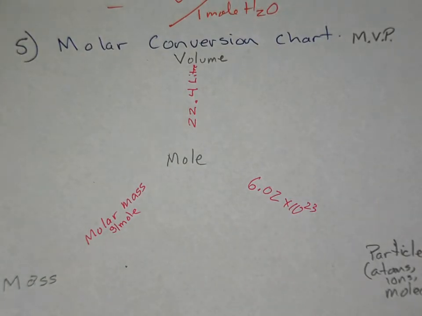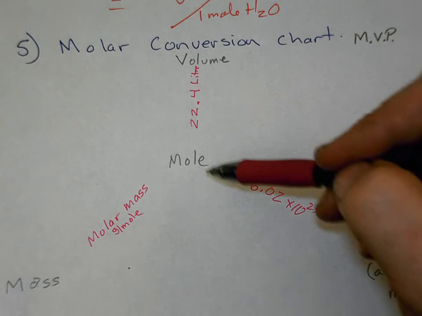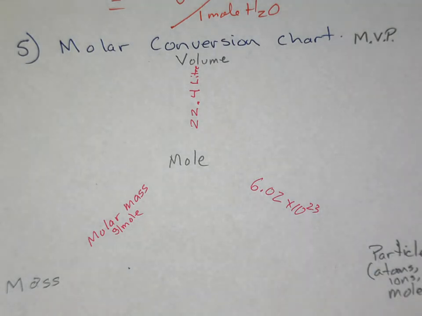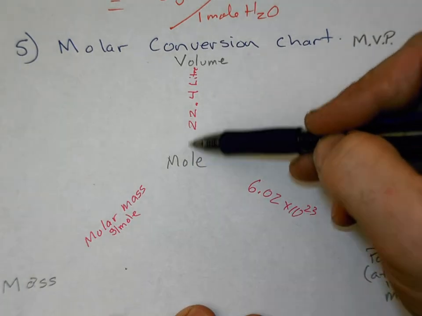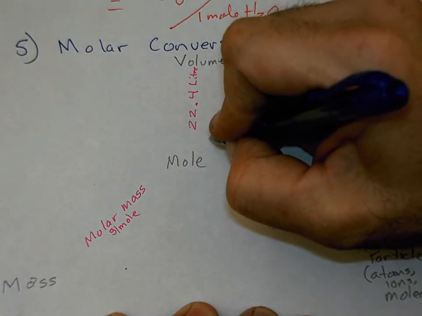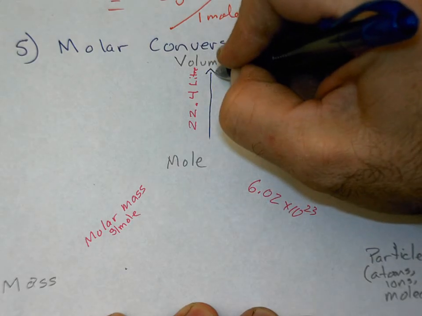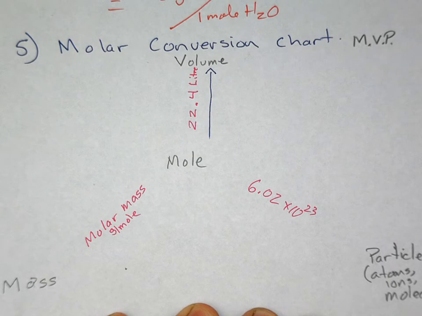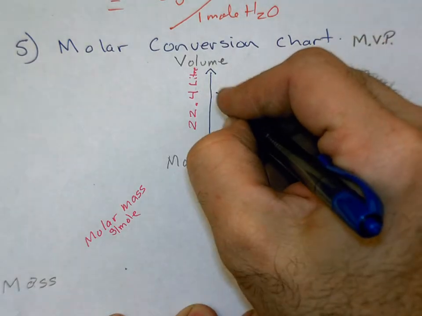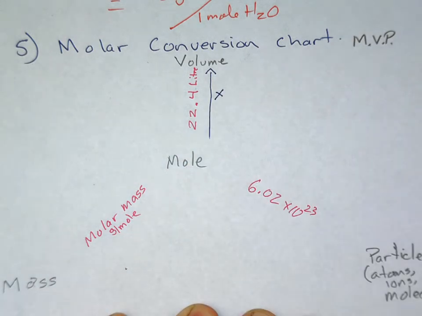Now, what's cool about the chart is that we're going to draw some arrows next, arrows that are going away from the mole. When we ask you to convert moles of something into volume, we are multiplying by 22.4. I'm going to put times 22.4.